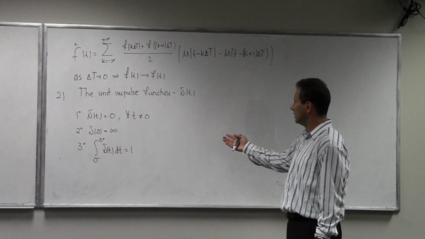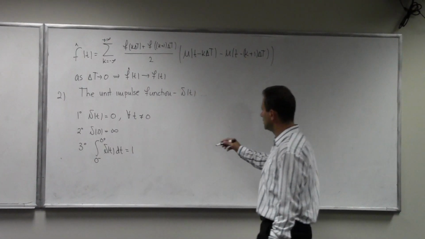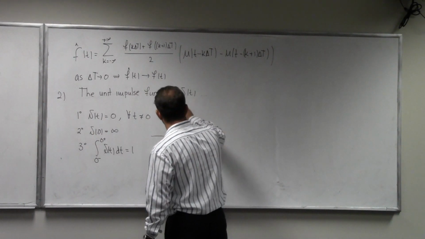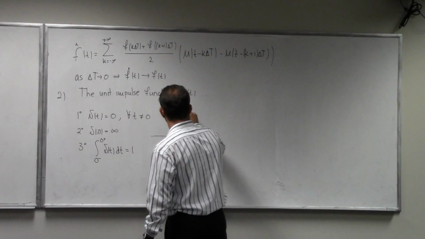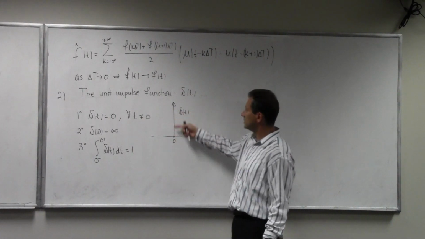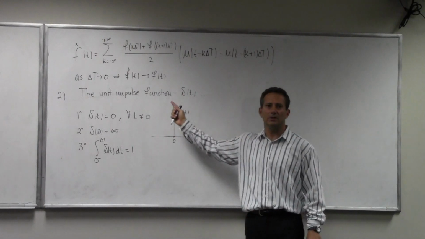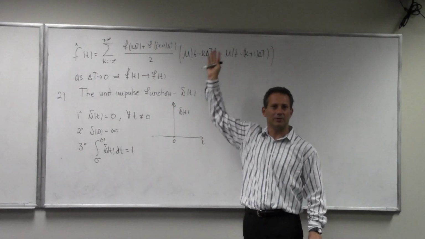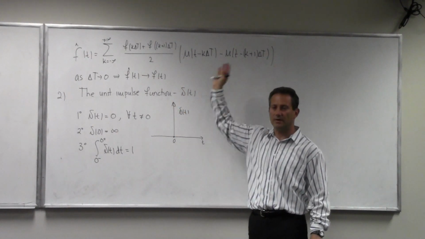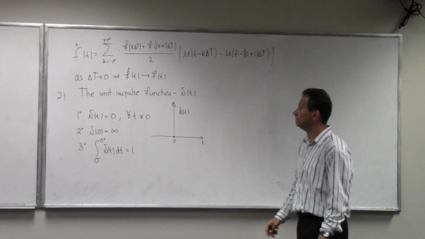So let me just give you how we draw this function. We draw it like this, delta of t, and this is 0. The height of this is irrelevant because it goes to infinity anyway, so I can never draw it to infinity, right? So this arrow here indicates that this function goes to infinity in height.